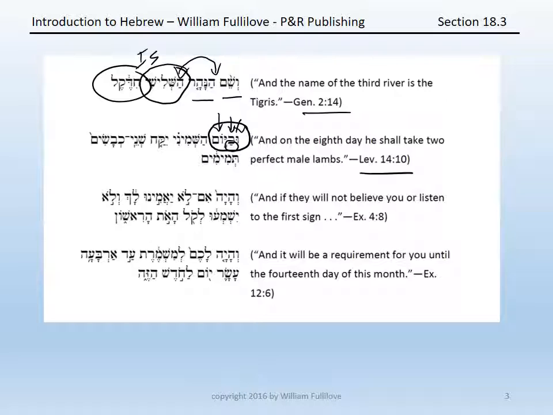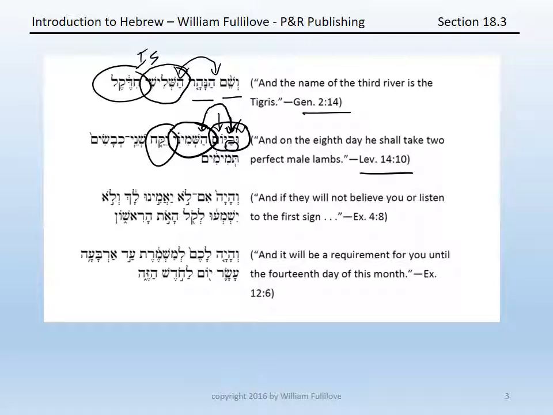The patach indicates the presence of a definite article that has been elided into the preposition. So, and on the day, well, which day? Ha-shemini, the eighth one. So, shemini is functioning as an attributive adjective. It's agreeing even in definiteness. It has a definite article because bayom would have a definite article.